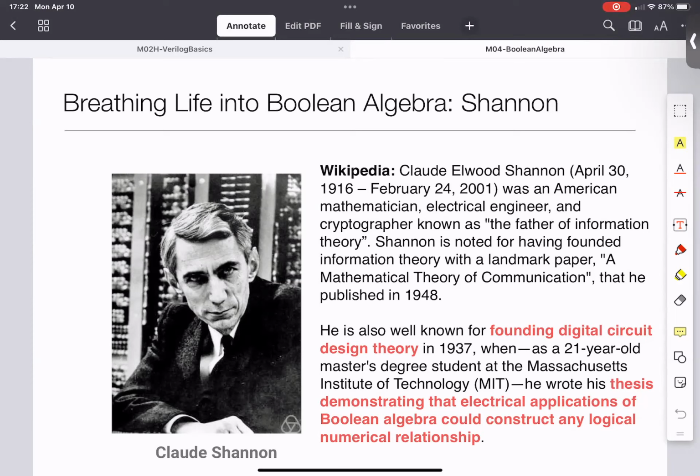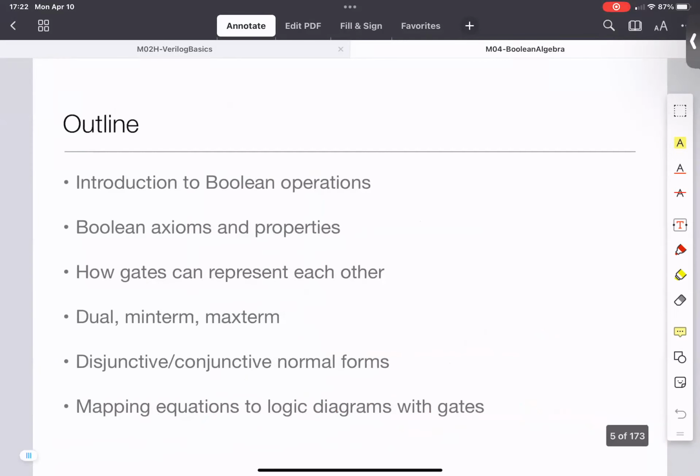So he essentially showed that Boolean algebra could be used to construct logical numerical relationships, and can essentially be used to make computers, at that time electromechanical computers. And nowadays, in a lot of stuff that goes on, there is always an information theoretic way of examining these things.